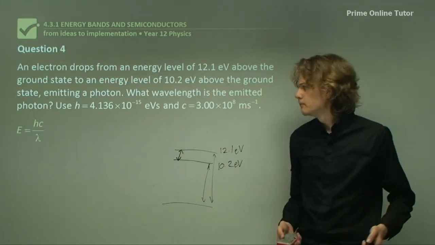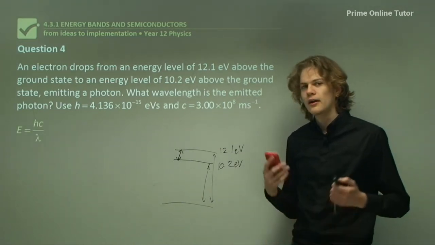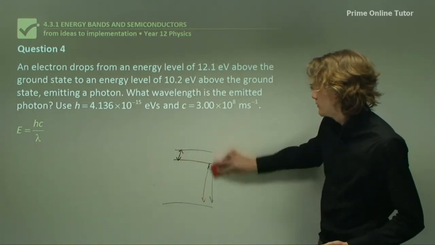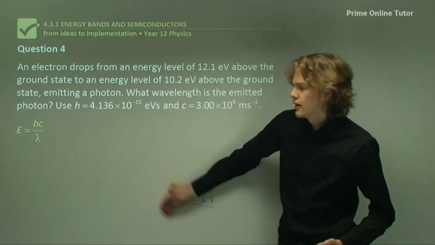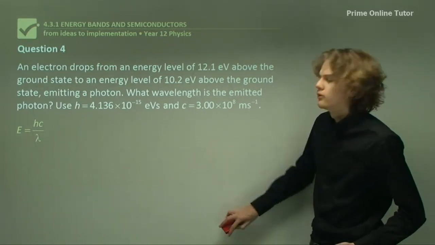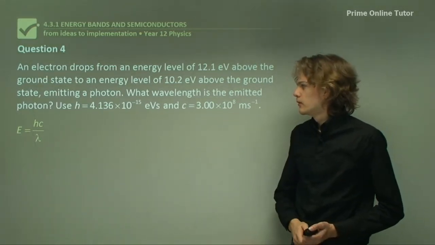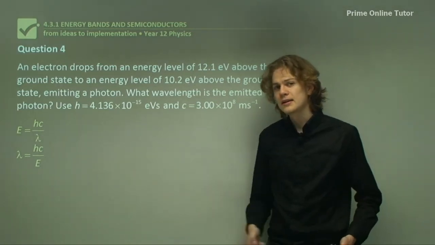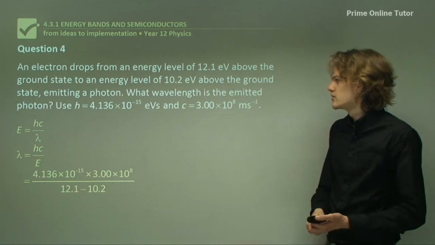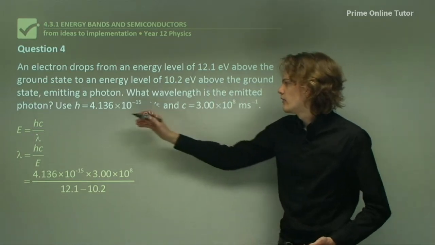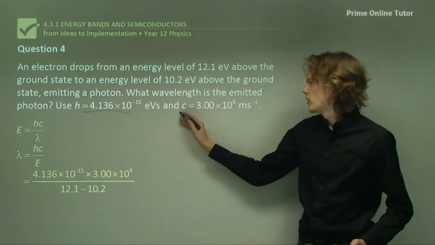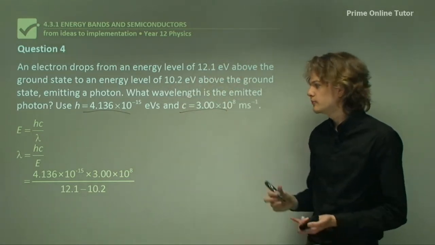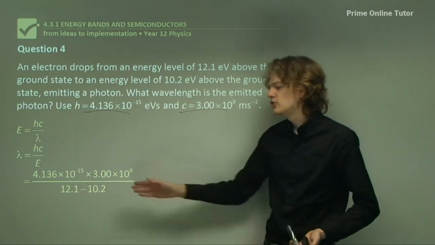So once again, we can use an old equation, E equals hc on lambda, to find the energy and the wavelength of the photon. So we can rearrange this equation to have lambda equals hc on E. We can substitute in our value for h, our value for c, and the difference between the two energy levels in order to arrive at this expression here.